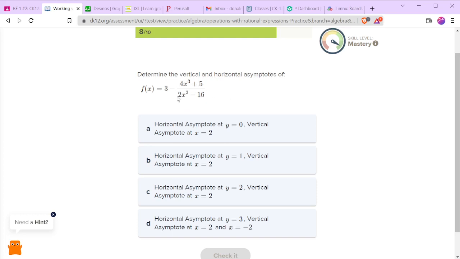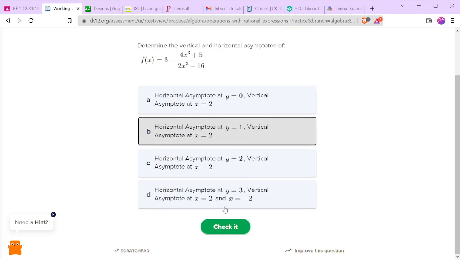And this fraction simplifies to 4x cubed over 2x cubed, which simplifies to 4 over 2, which is 2. And 3 minus 2 is 1. So our horizontal asymptote is y equals 1. That's enough to uniquely determine it. To find our vertical asymptote, we factor the common factor of 2, have x cubed minus 8, which tells us that x cubed equals 8 is where we get a vertical asymptote, or x equals 2.